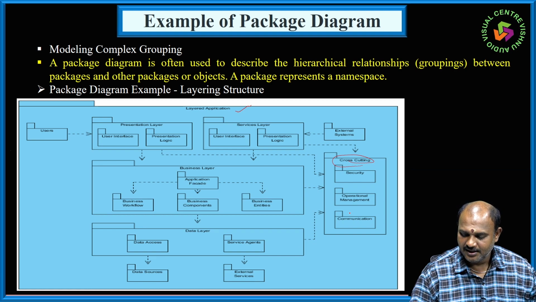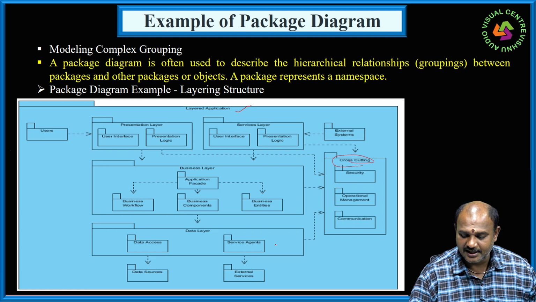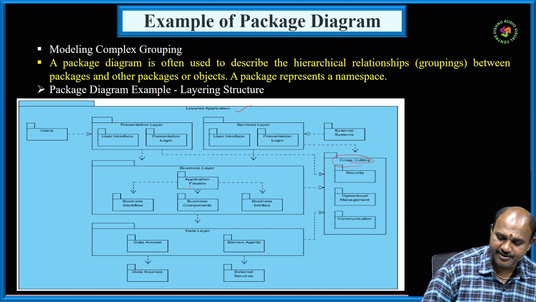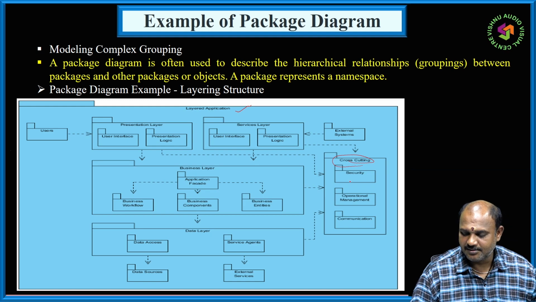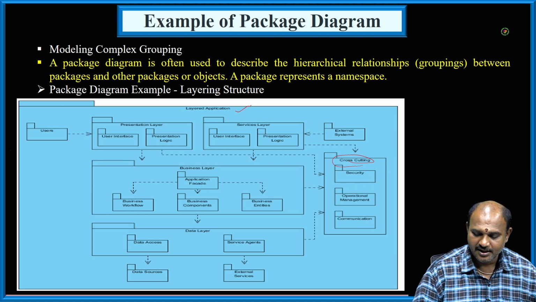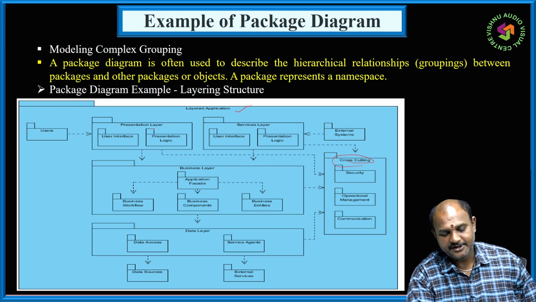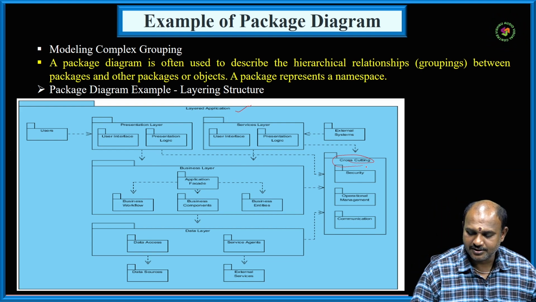We have a dependency between this data layer and the cross-cutting layer, a dependency between the business layer and the cross-cutting layer. Similarly, we have a dependency between the presentation layer and the cross-cutting layer.